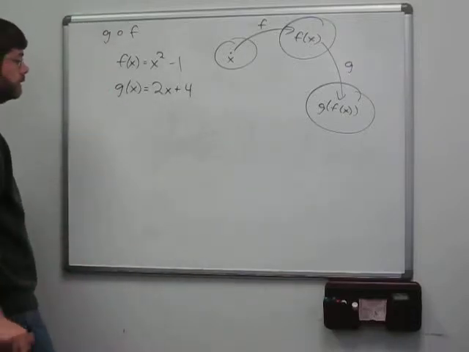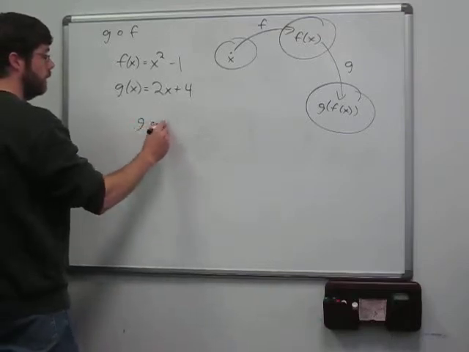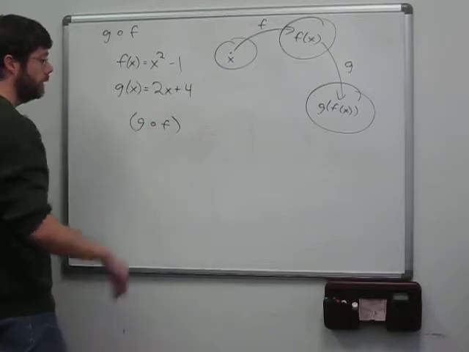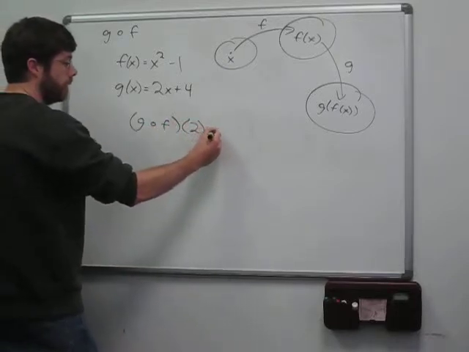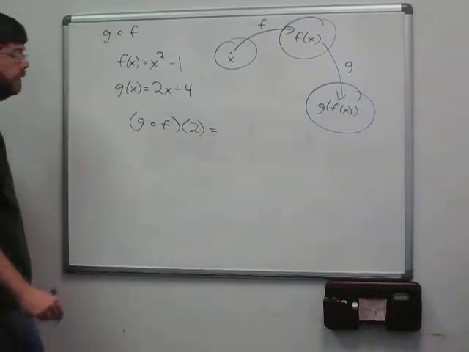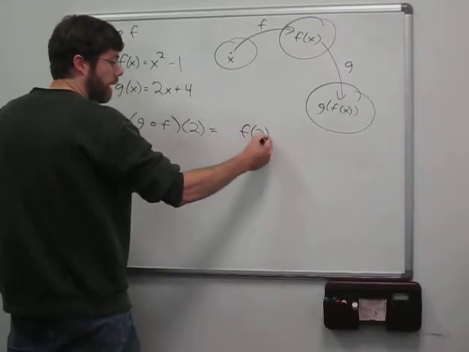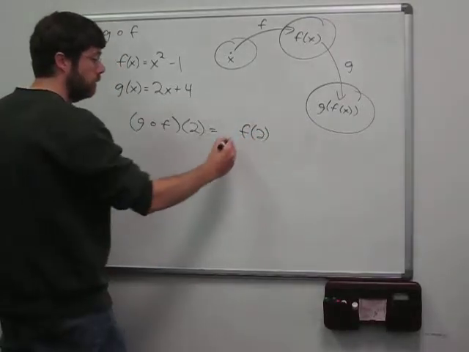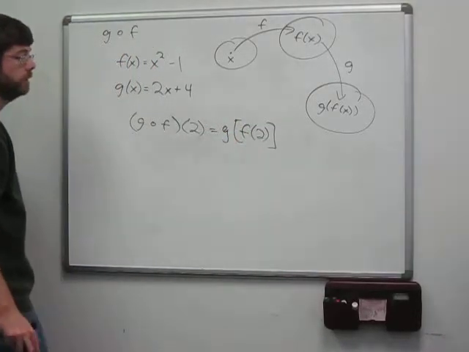Here I have two functions. Let's start by composing, or taking g of f and evaluating it at the x value of 2. By definition, we are going to take our function f and evaluate it at 2, and then apply g to the result, right?